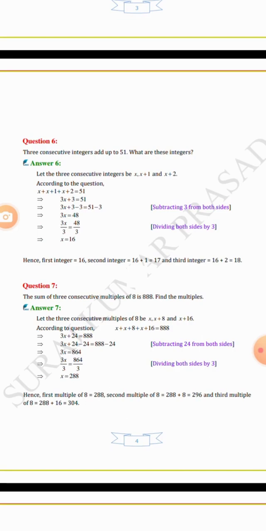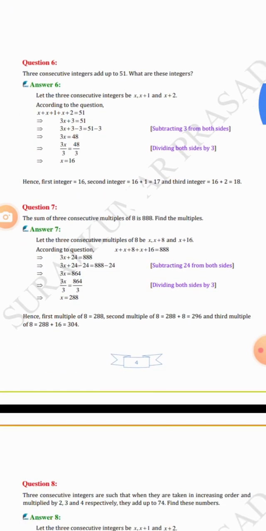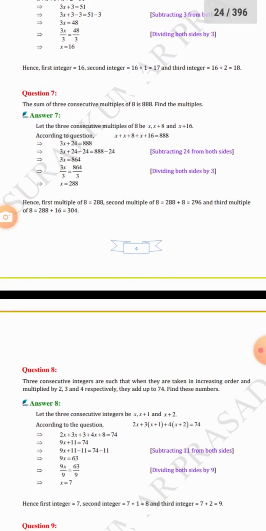By subtracting 3 on both sides, we get 3x plus 3 minus 3 is equal to 51 minus 3, and the answer is 3x is equal to 48. Then by dividing by 3 on both sides, we get 3x by 3 is equal to 48 by 3. Then the value of x is 16. Hence the first integer is 16, the second integer is 16 plus 1 is equal to 17, and the third integer is 16 plus 2 is equal to 18.